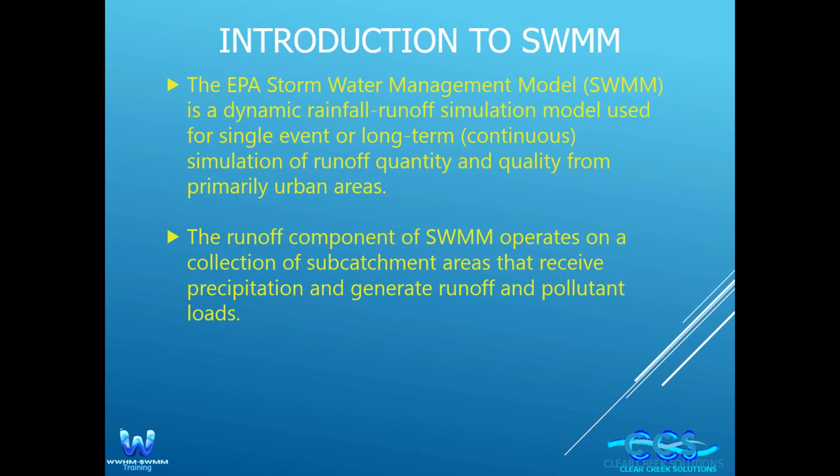The EPA Stormwater Management Model is a dynamic rainfall runoff simulation model, and it's used for single event or long-term continuous simulation. This is just from the excerpt before, not really doing continuous all that well. The runoff component of SWM operates on a collection of subcatchment areas that receive precipitation and generate runoff and pollutant loads, and that subcatchment element is included in WMSWM if you decide to do it that way.